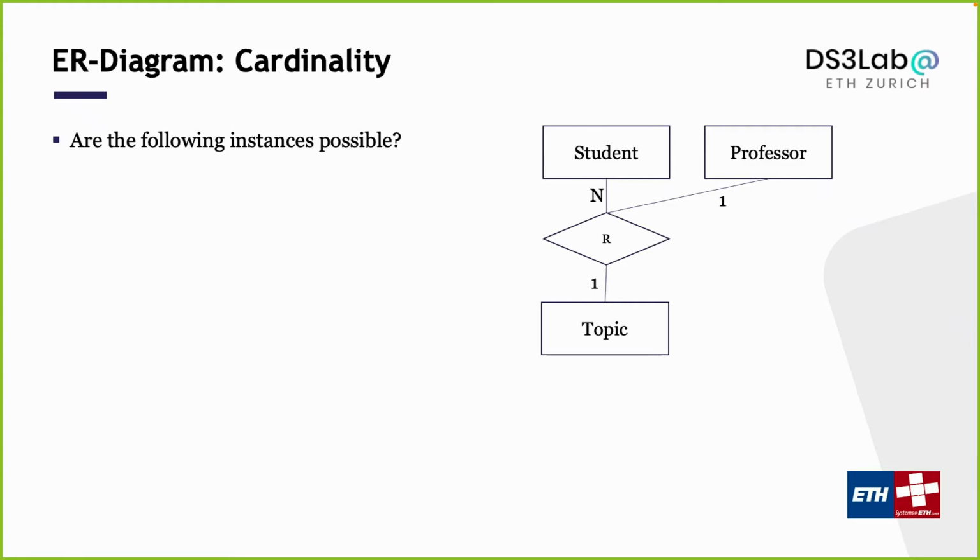If you take the 1 label connecting R and the professor, it means that a combination of student and topic can only participate once in this relationship. If I know the value of student and topic, I know which professor is associated with that pair. Similarly, the label between R and topic tells you that a combination of student and professor can only participate once in this relationship. If I know those values, I know the value of topic.